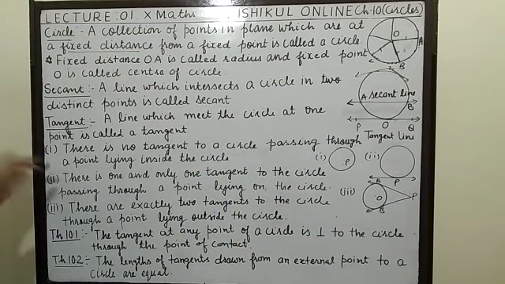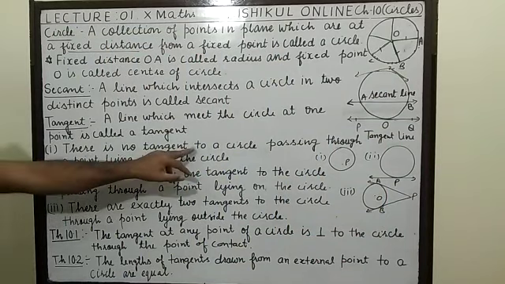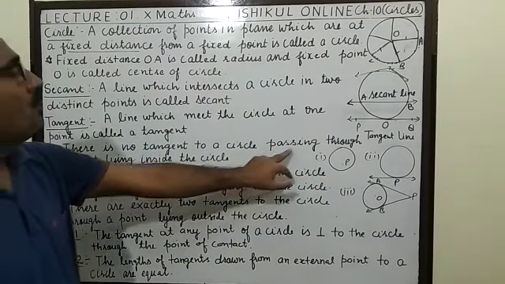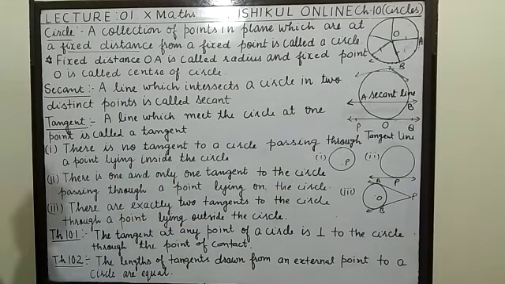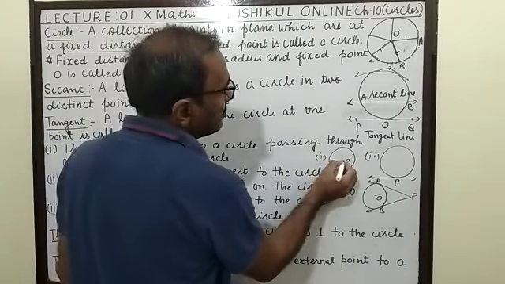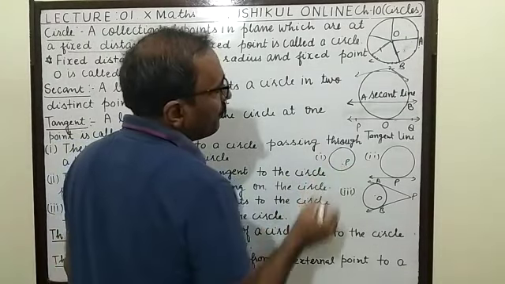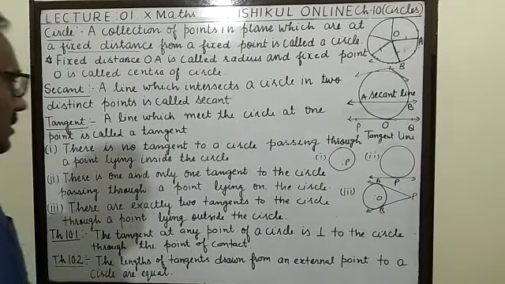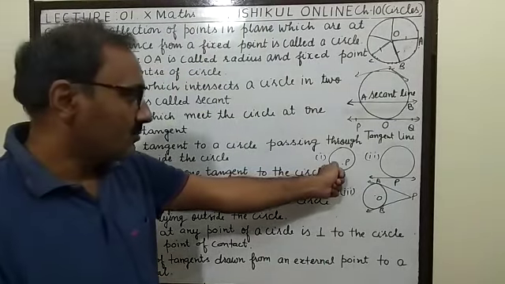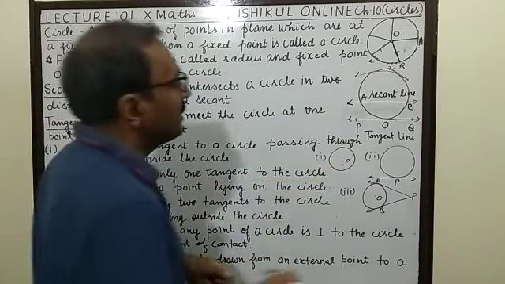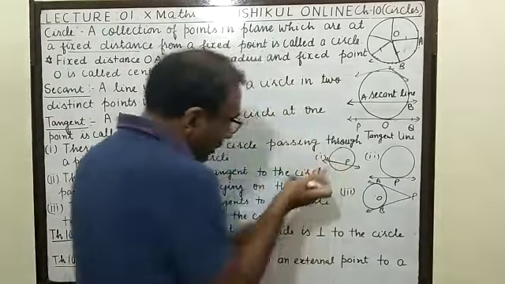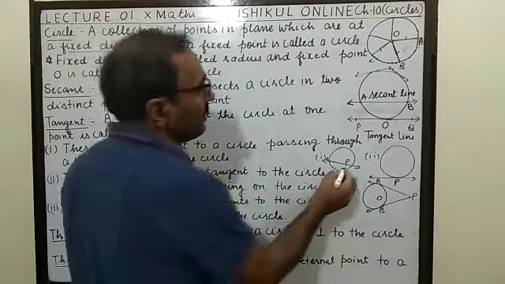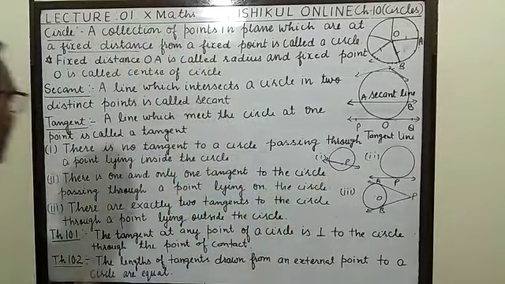Clear? Then first point: there is no tangent to the circle passing through a point lying inside the circle. If it is a circle and P is a point inside, can you draw a tangent to the circle from this point? No, we cannot draw any tangent. You can draw the secant line, but you cannot draw a tangent line.